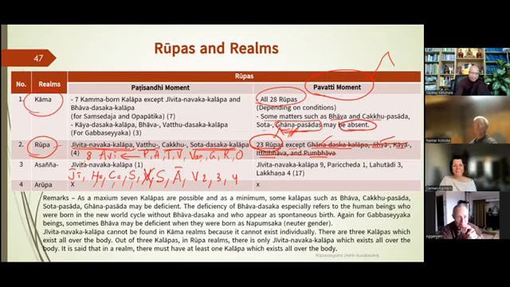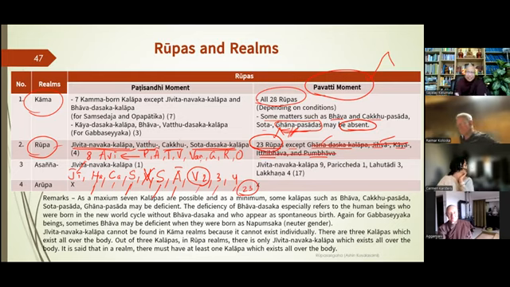Nine and nine rupas, 9, 10, 11, 12, 13, 14, 14 and 2, 16. Yeah, my mathematics. 16 and 3, 19, 19 and 4, 23. Yes, 23.